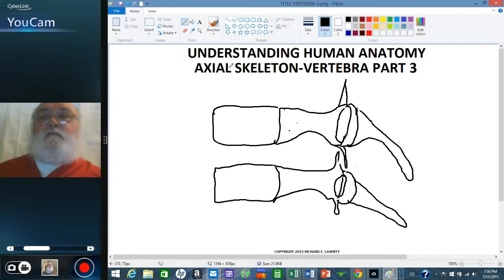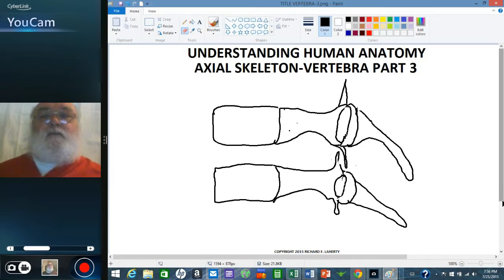And I'll erase the junction between lamina and pedicle within the transverse process.